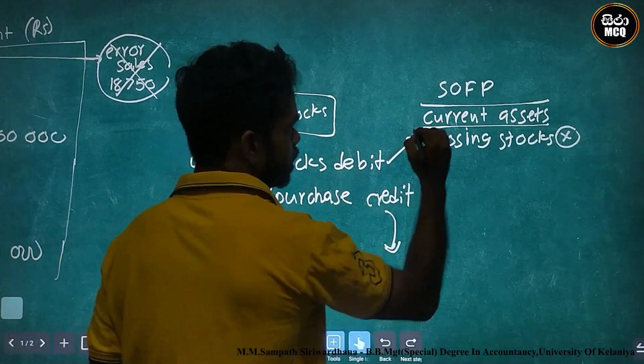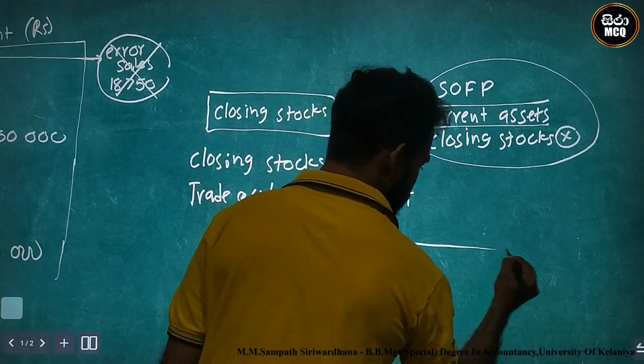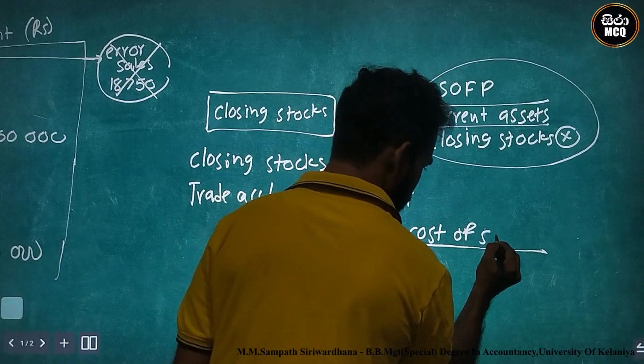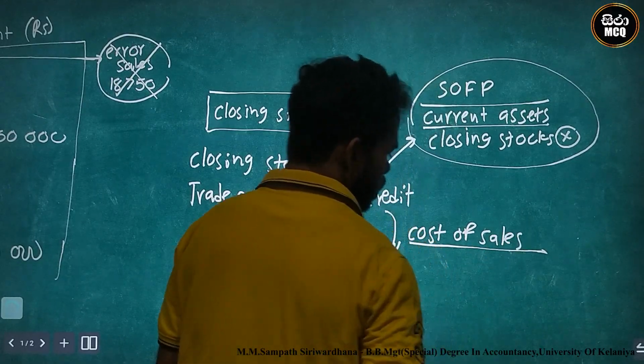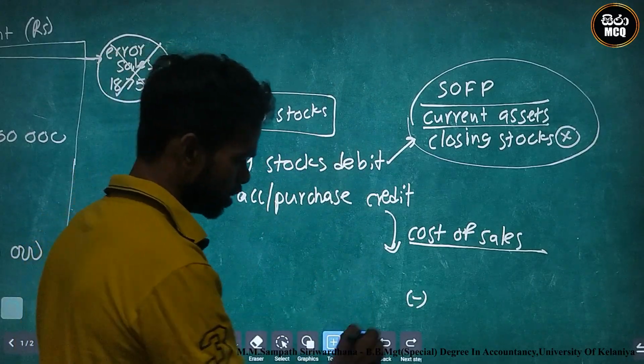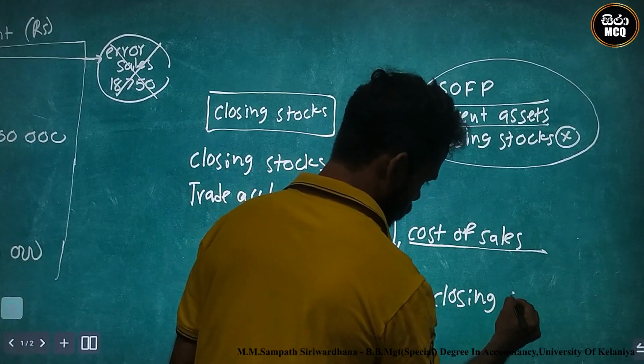Where must it be included? Do you know there is a cost of sales calculation? You must deduct the closing stock from there.